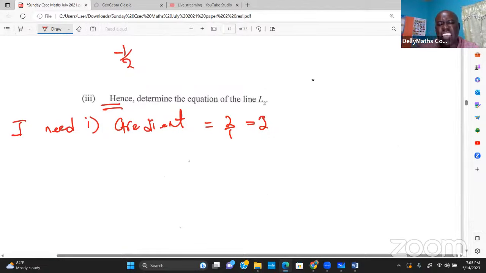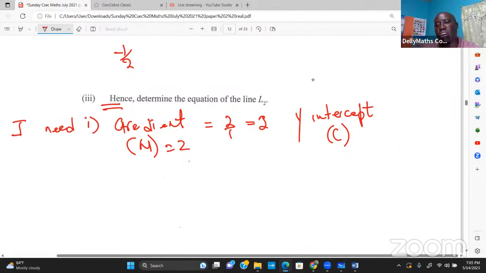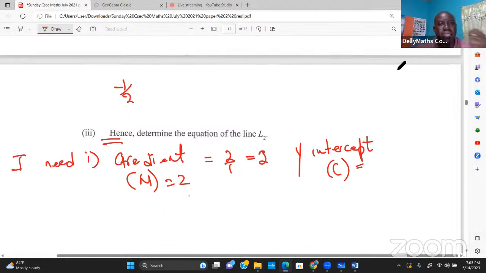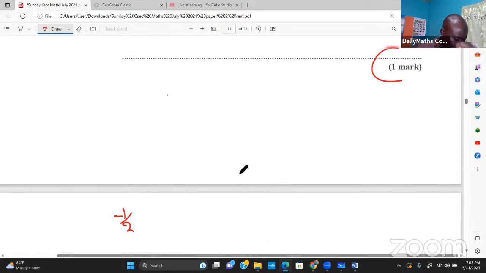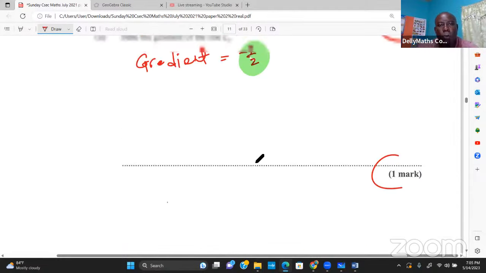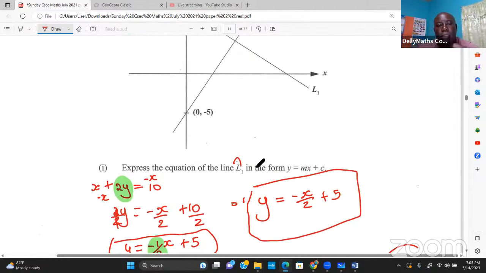I also need my y-intercept. Remember that this is the c value. Remember that this is the m value. So m is 2. Luckily, if you look on this diagram, I am not going to try to work out something that I'm looking at.